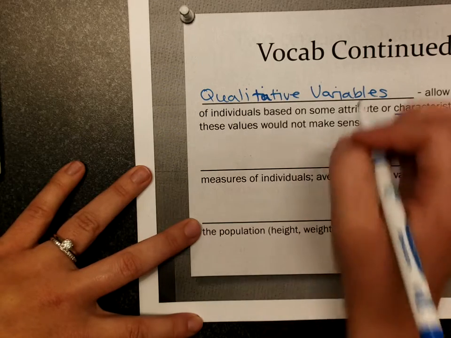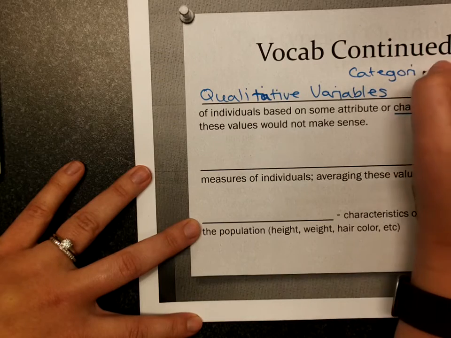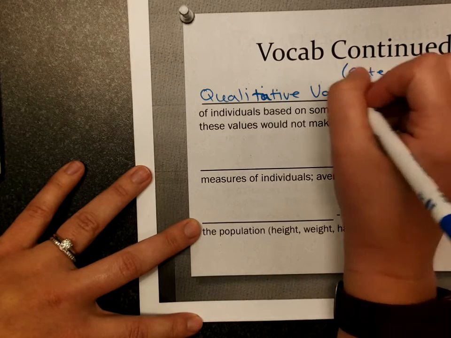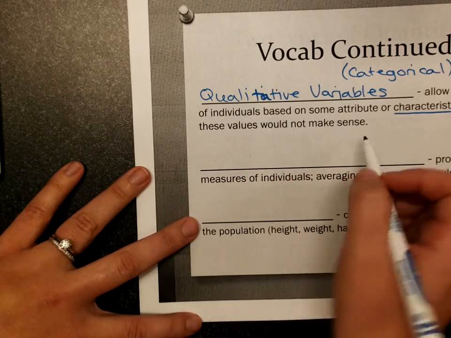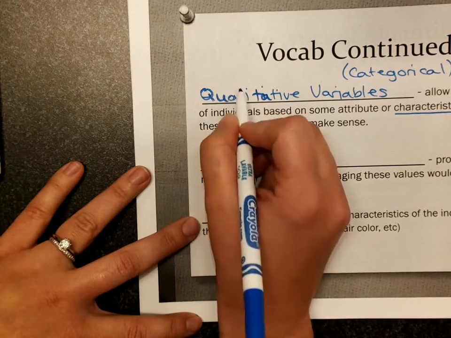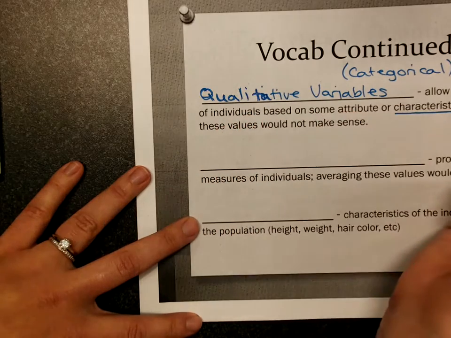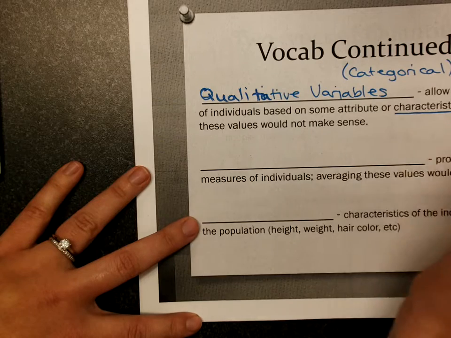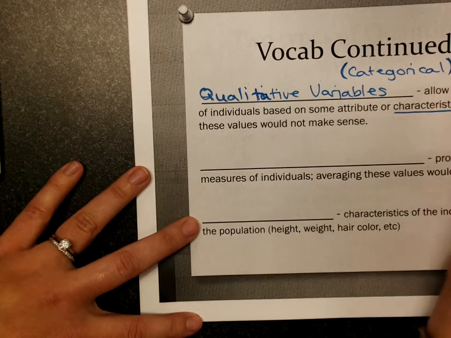So these are also sometimes called categorical variables. We can put them into different categories. And averaging these values would not make sense. So these are different descriptors such as hair color or favorite color or location that just doesn't make sense to average anything. These are categories, not numbers.